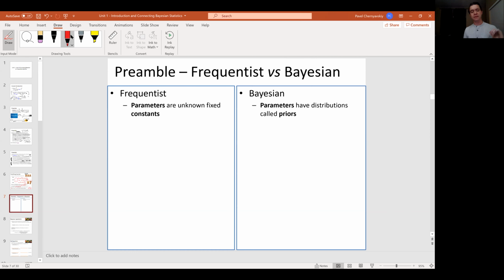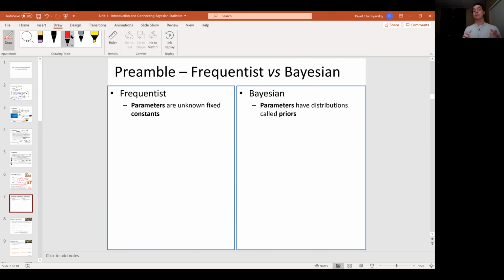So the next bit of slides, starting from here and through pretty much the end of this set of slides, I'll be trying to connect frequentist and Bayesian statistics. This is just the beginning of that.